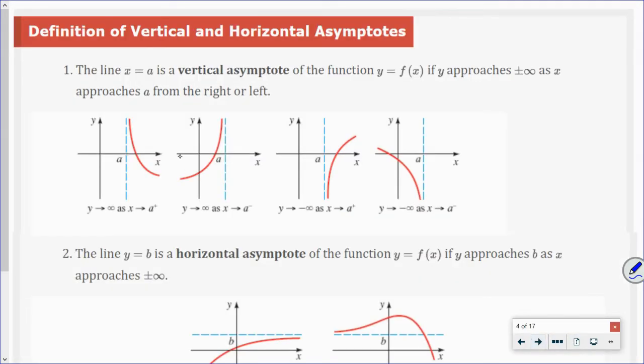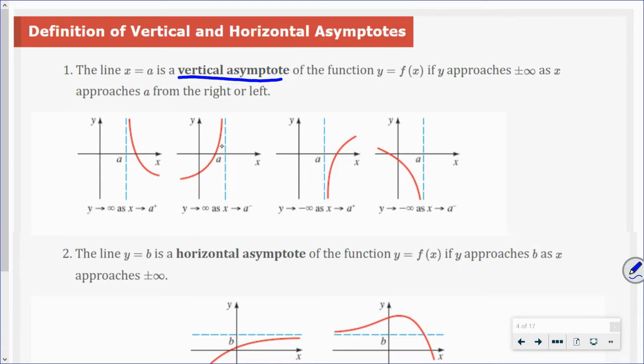Okay, so for vertical asymptotes of the function f of x, if y approaches plus or minus infinity as x approaches a from the right or the left. So this is saying that here's my graph. As x approaches this vertical asymptote, y is either going to positive infinity or negative infinity. And you can see that down here.